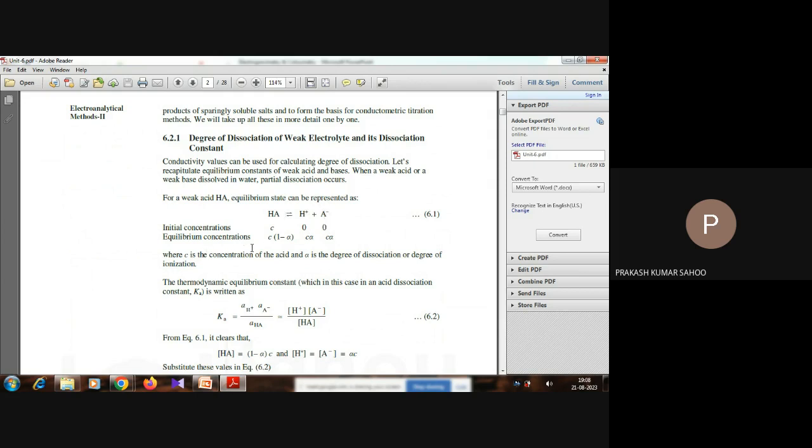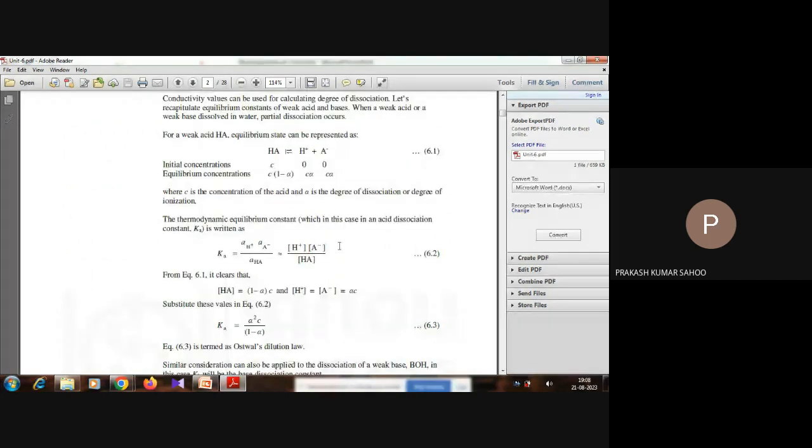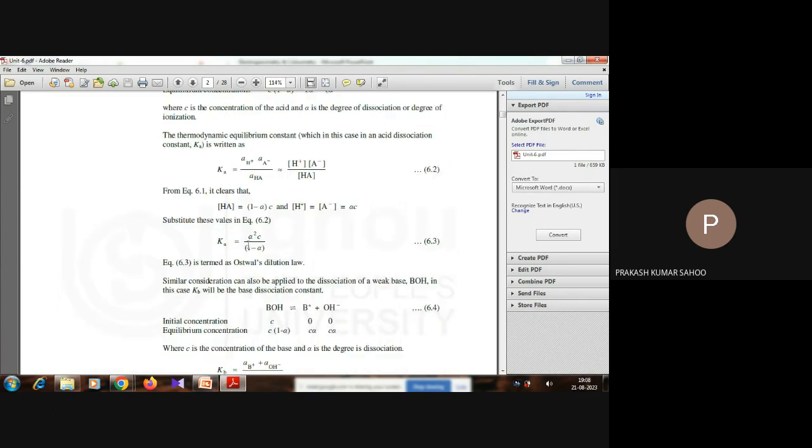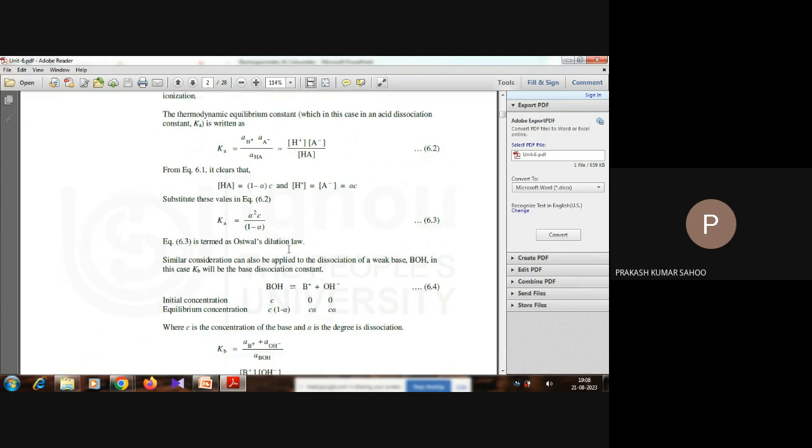Then at equilibrium, let alpha be the degree of dissociation. Then C(1 minus alpha), C alpha, C alpha. So what is the equilibrium constant? It is the concentration of H plus times the concentration of A minus divided by the concentration of HA. So this is C alpha times C alpha by C(1 minus alpha), which is C alpha square by 1 minus alpha.